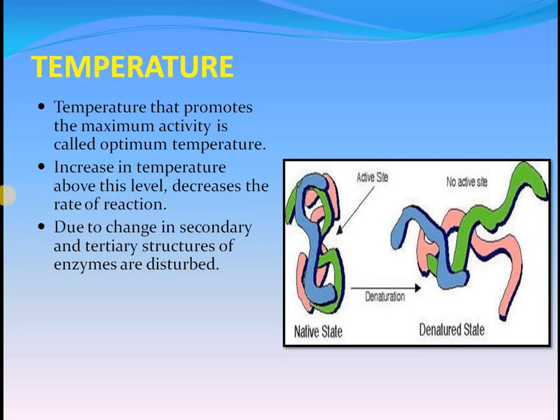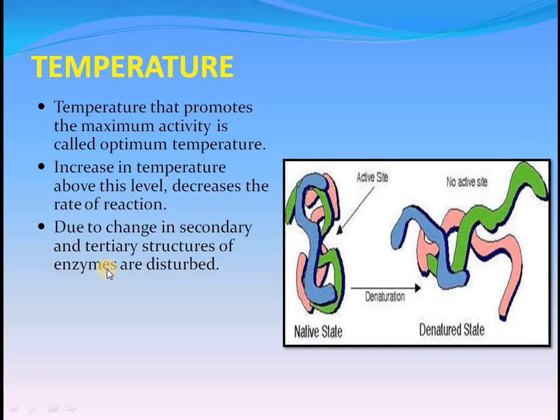This is due to change, because the secondary and tertiary structure of the enzyme are disturbed. Means when temperature is increased, the protein structure, which is the secondary and tertiary structure of enzymes, is disturbed. Now what is secondary and tertiary structure?